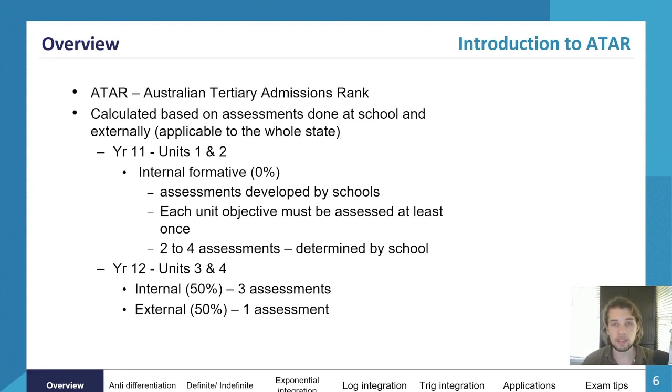You have 50% internal grades, where your school has prepared certain resources that will grade you, and then external 50%. You have one final exam, and that will be 50% of your grade. So it's pretty important this year that you concentrate on a more long-term maintenance of knowledge, as opposed to some previous years where you could just be worried about the next exam.